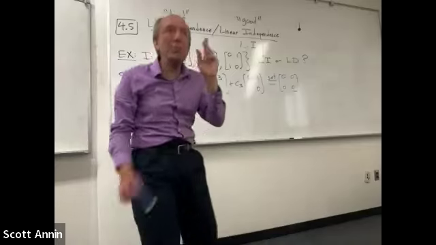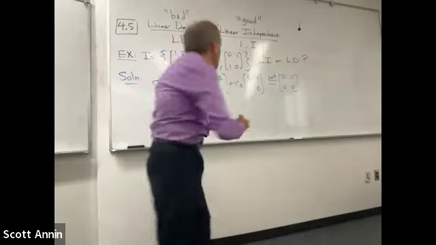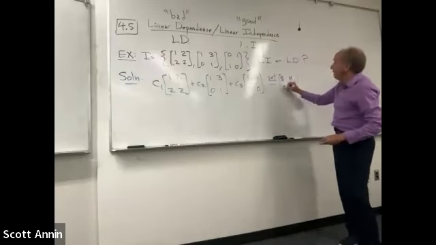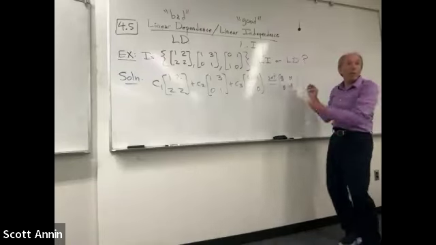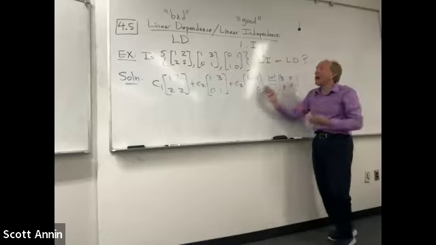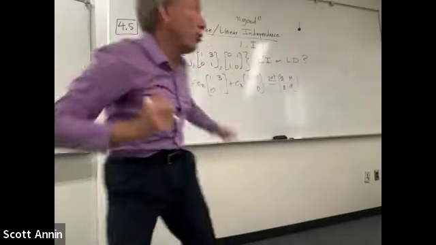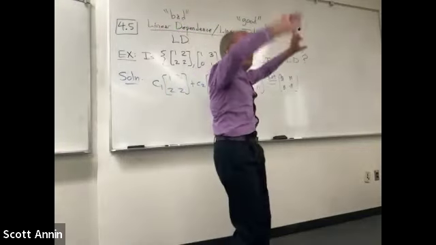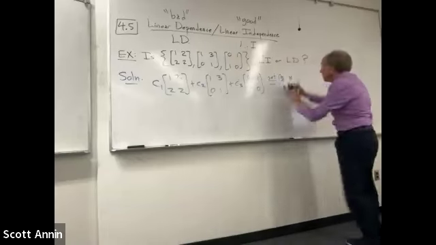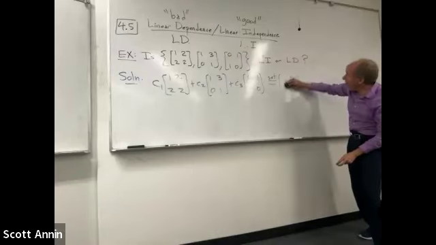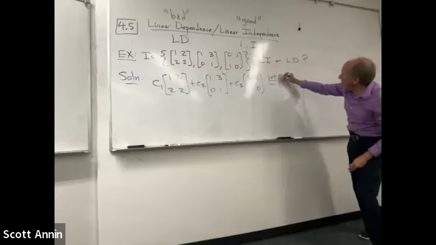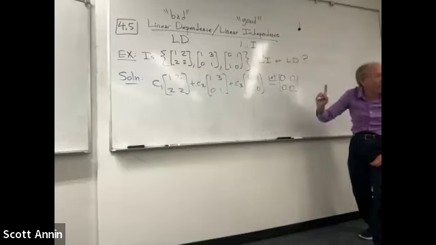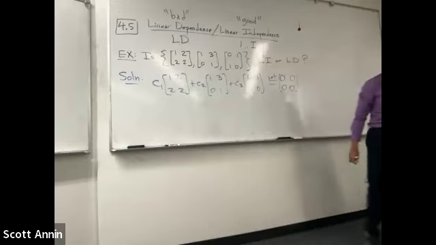It's different than the question we asked in the last section. In the last section, I would have been putting number symbols here, and I would have been asking, can I solve it at all for those constants? Consistent or not consistent? That was the question in the spanning set question. But now I'm asking a new question: are these vectors LI or LD? And for that question, this is what we need to do.